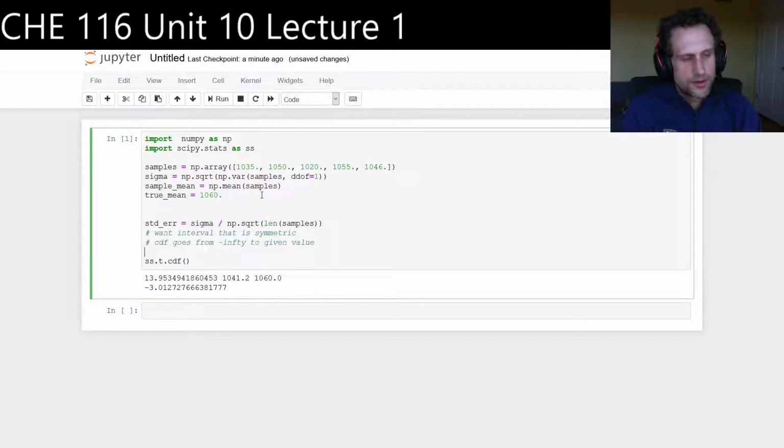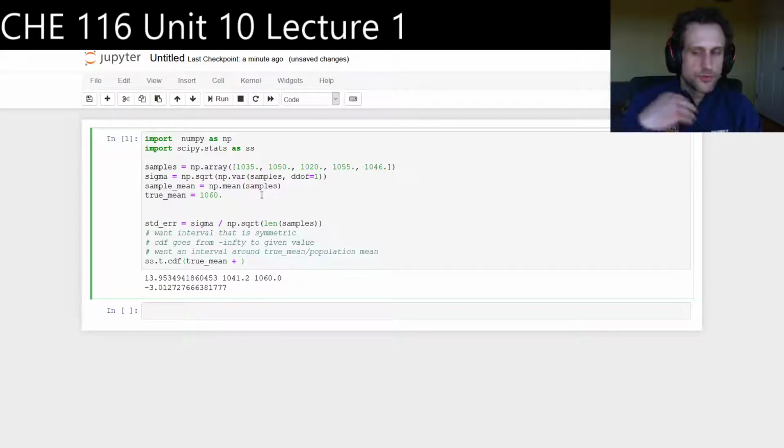So I want an interval around the true mean, the population mean. Let's go from the true mean up to how far away the sample mean is.